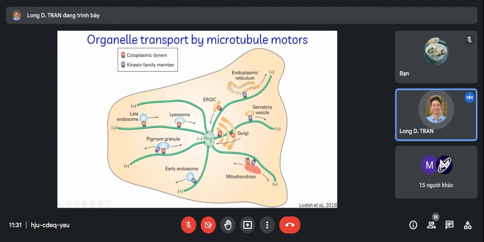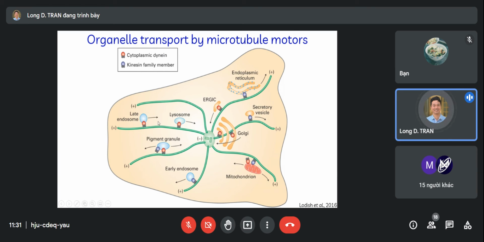The mitochondria are transported to the locations of the cell that require energy by both kinesin and dynein, and pigment granules are also transported by both dyneins and kinesins.